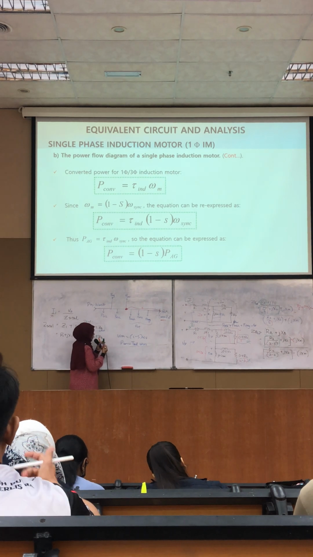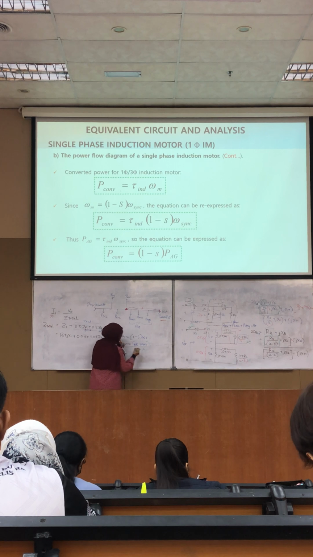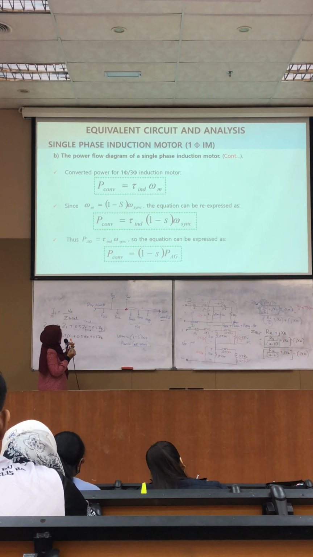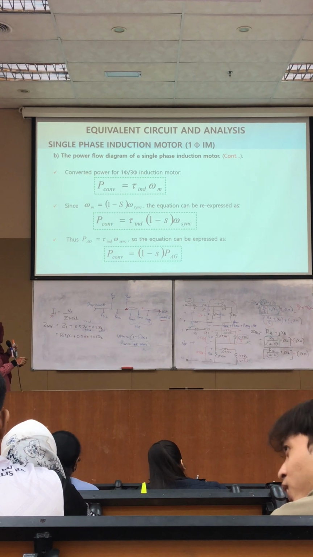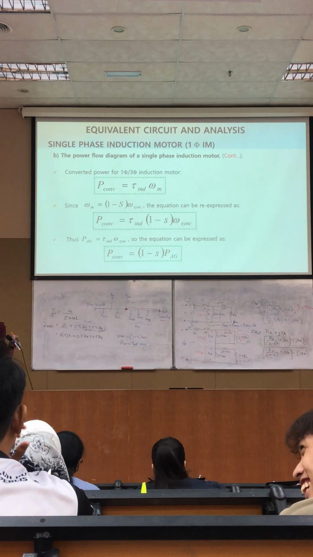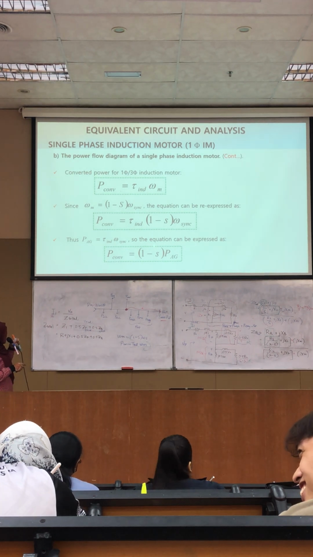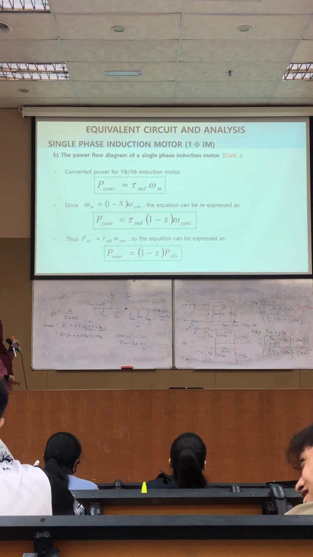So this omega m is actually expanded from here, so you have the induced torque times 1 minus s, synchronous speed. Thus for air gap power, you can also calculate it by using the same method.